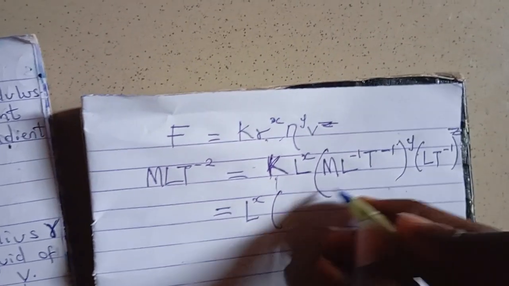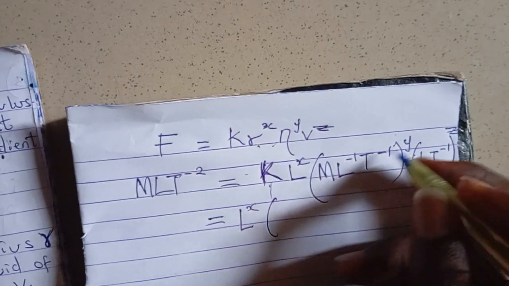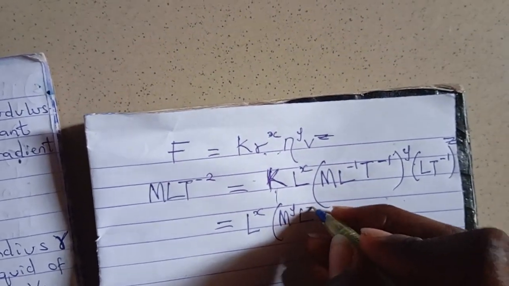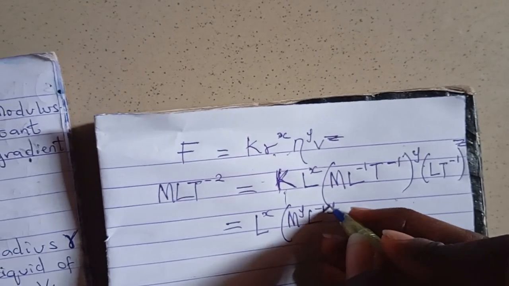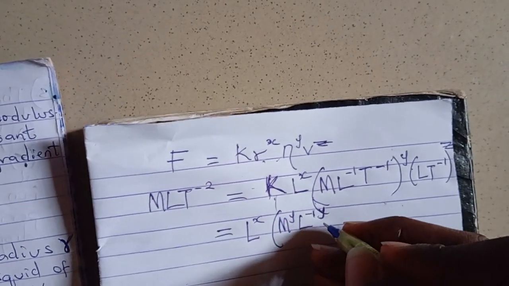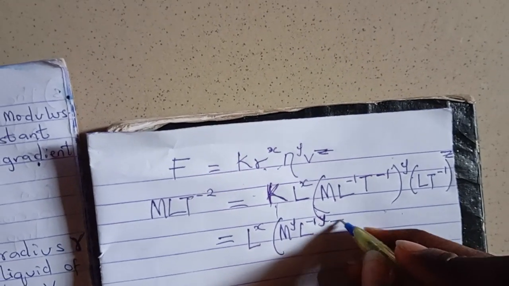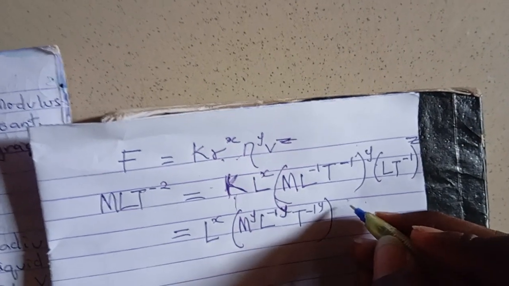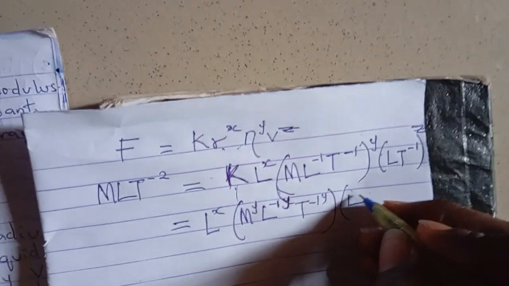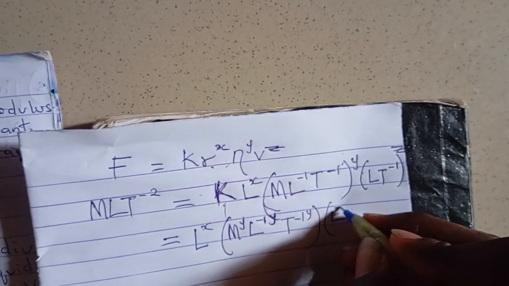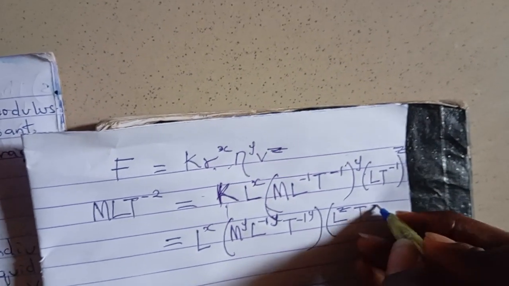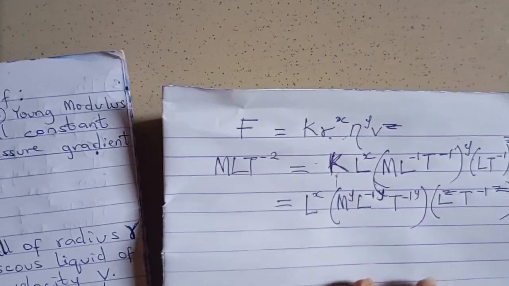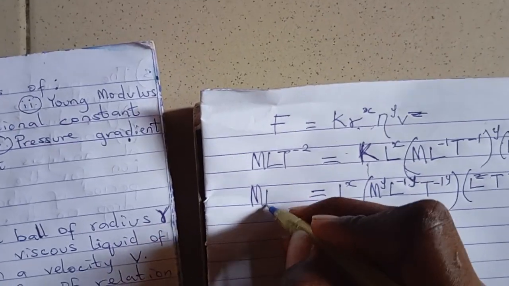Then let's use the distributive power law of indices, so that I have M^Y, (L^-1)^Y, (T^-1)^Y, then L for velocity raised to the power Z, (T^-1)^Z. So at this junction, let me still bring down my force on the left-hand side.